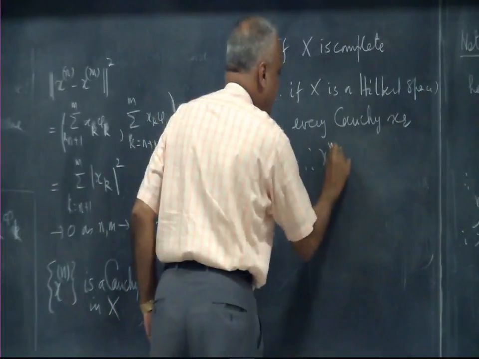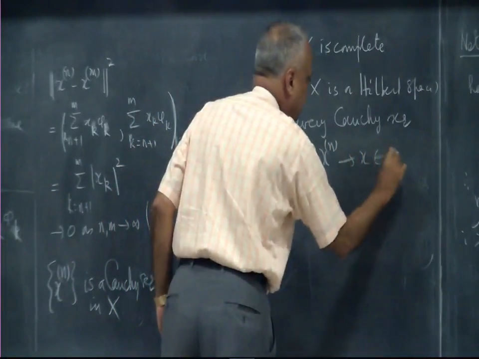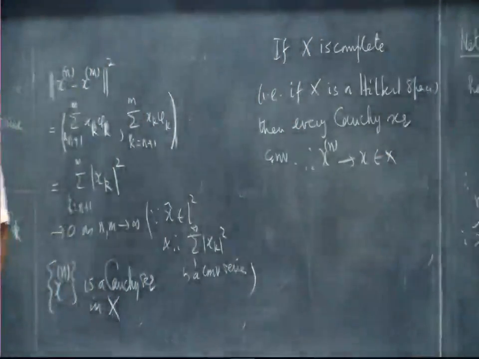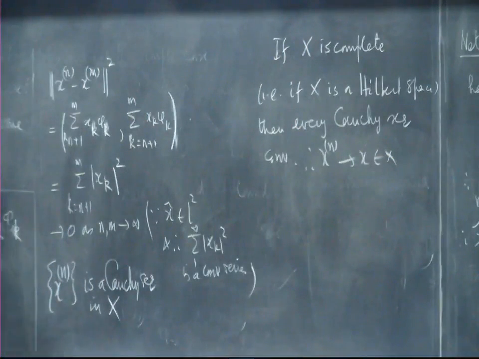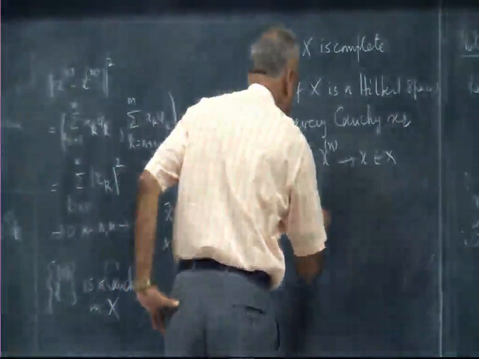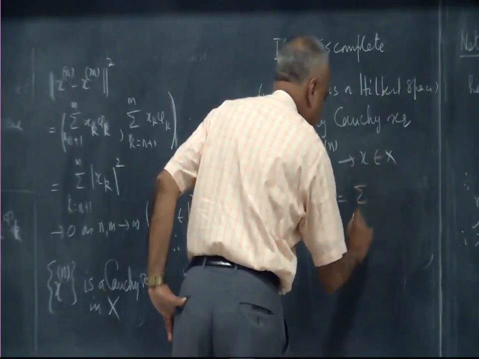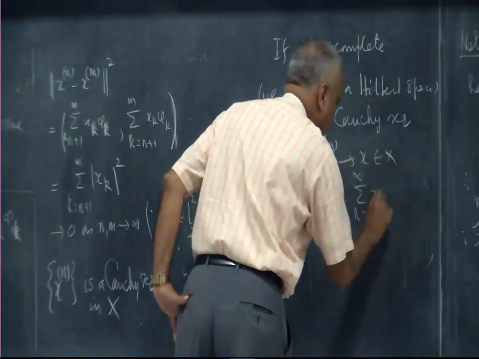Therefore, x_n converges to some x in X, which means this series converges, that is, x is equal to the summation from n equal to 1 to infinity of x_n phi_n.